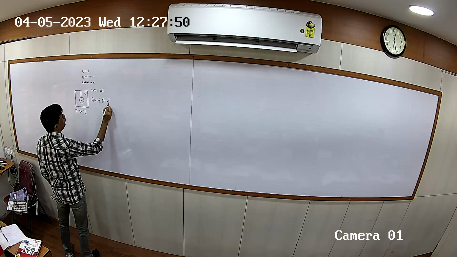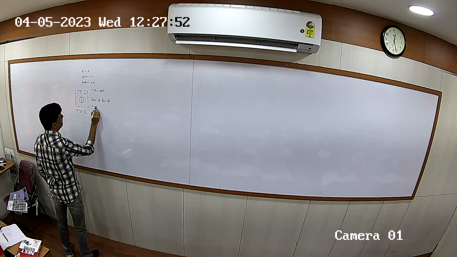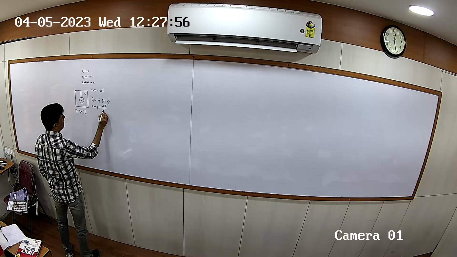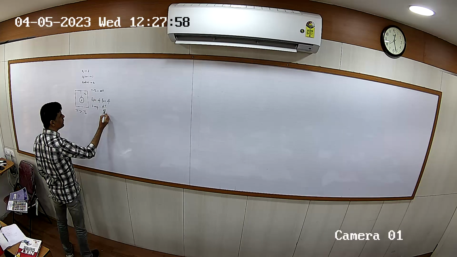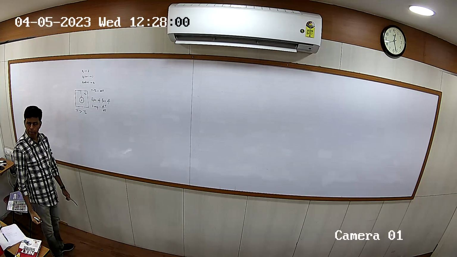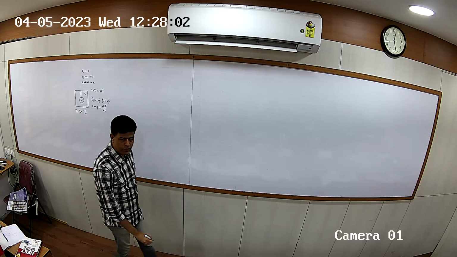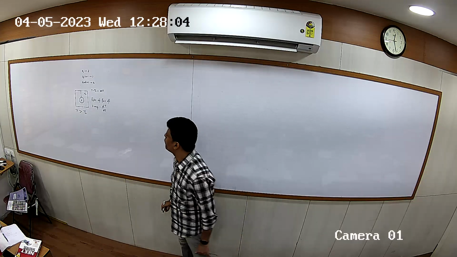Is it clear? We used to take d theta by dt as a symbol. What will be the formula for this?